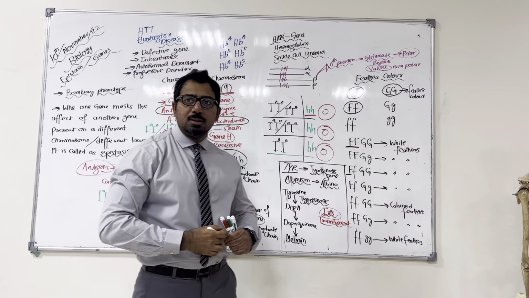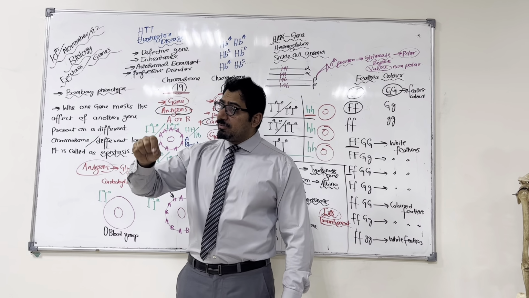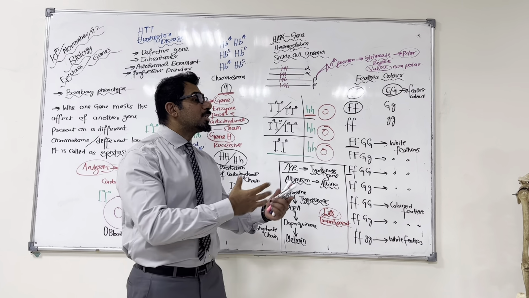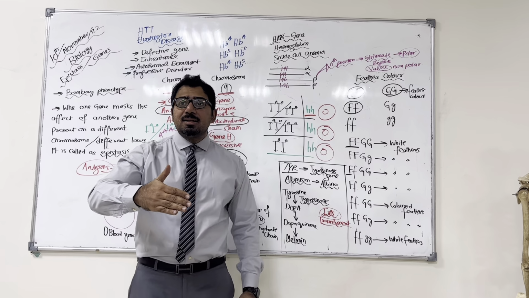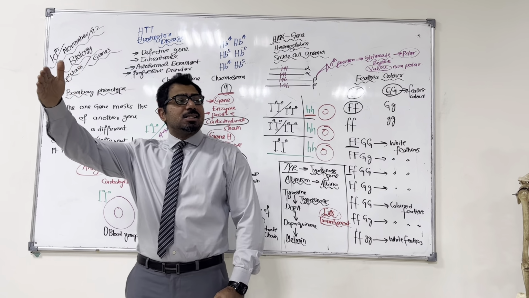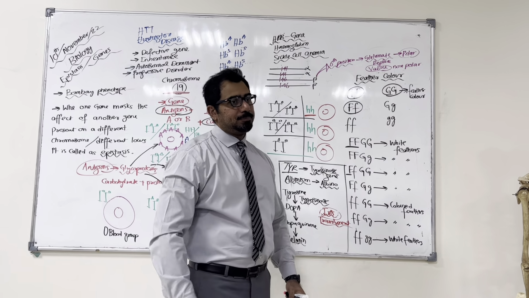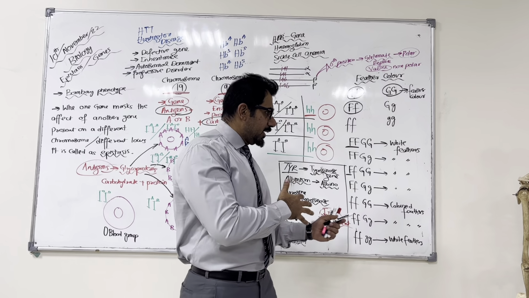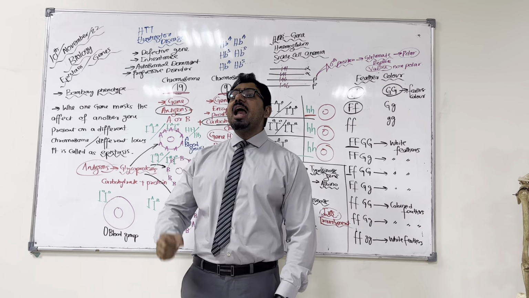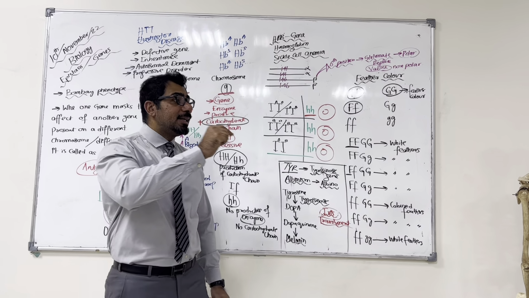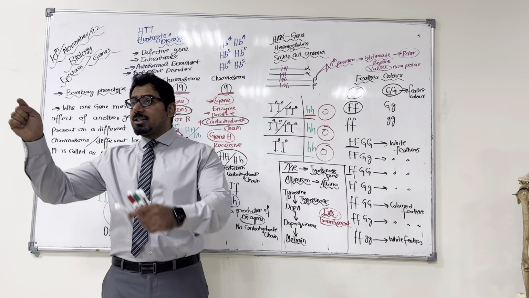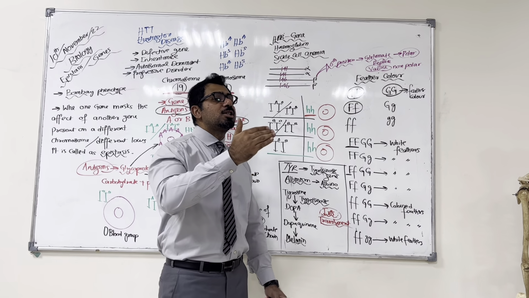This is a progressive disorder. What does this mean? It means that its intensity increases with the age, and usually the disease starts showing its symptoms after the age of 30.